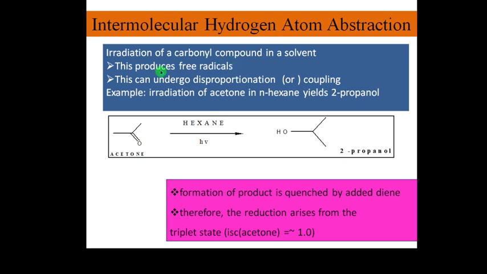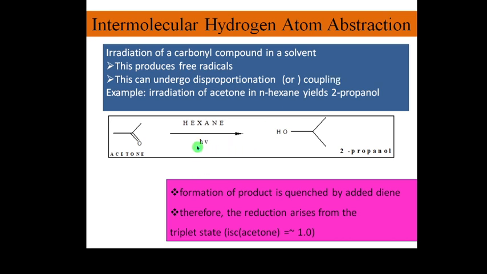This particular reaction follows a free radical mechanism. As we know, once a free radical is involved, there are three stages: free radical initiation, free radical propagation, and free radical termination reactions, which go as disproportionation or dimerization or coupling reactions.